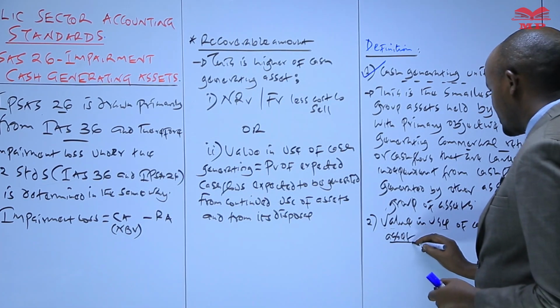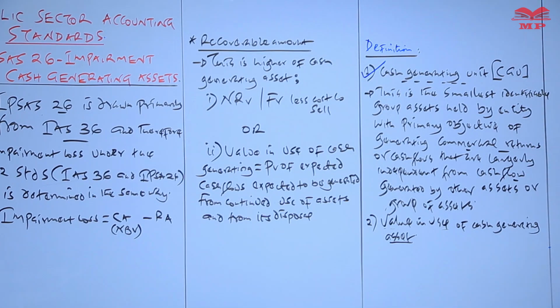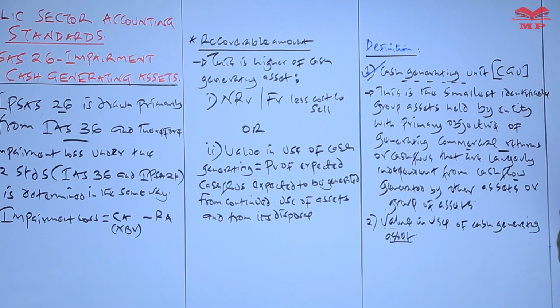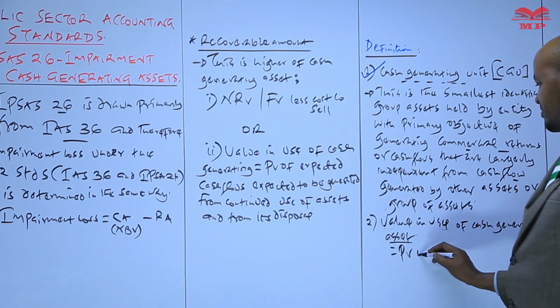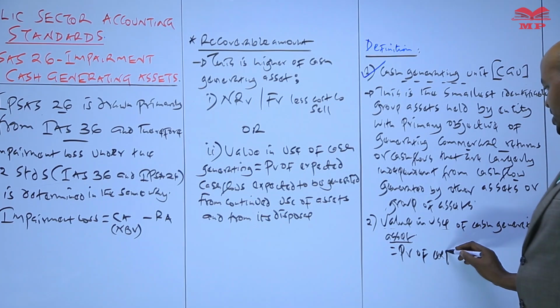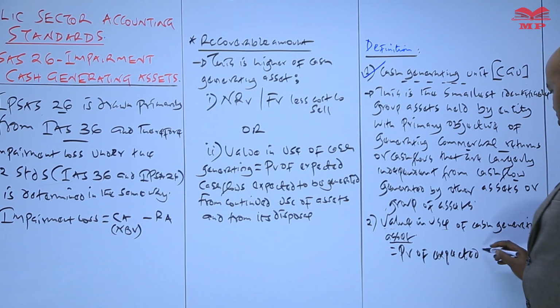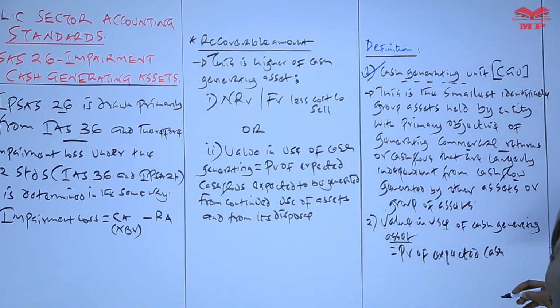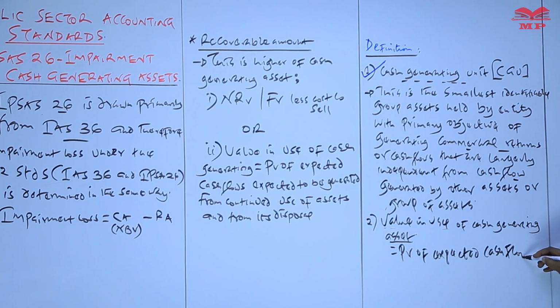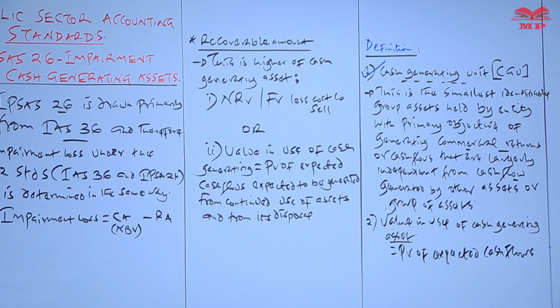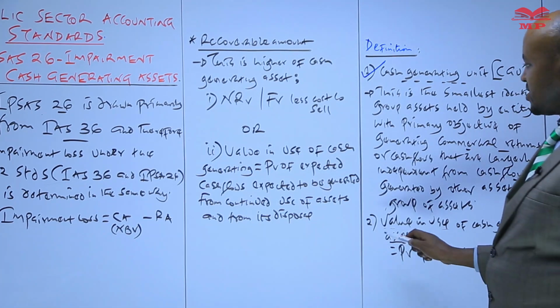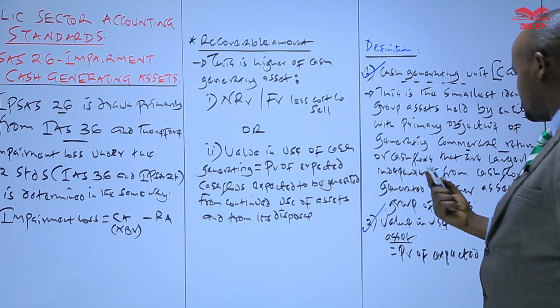And we have said that this value in use of a cash generating unit is quite different from the value in use of a non-cash generating unit, because this is basically equal to the present value of the expected cash flows, which will be generated from the continued use of the asset and also from its disposal.